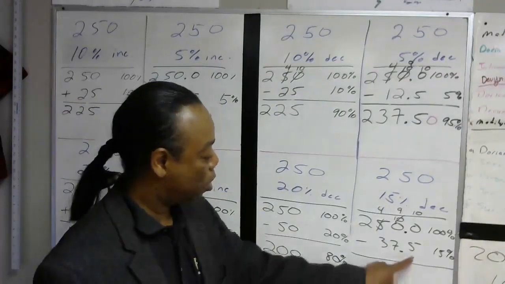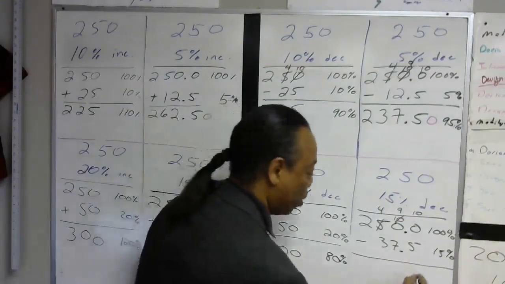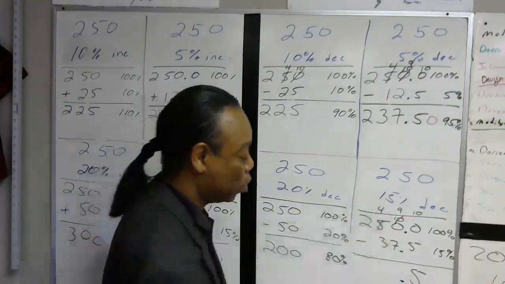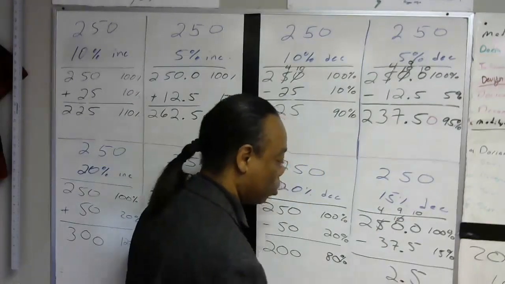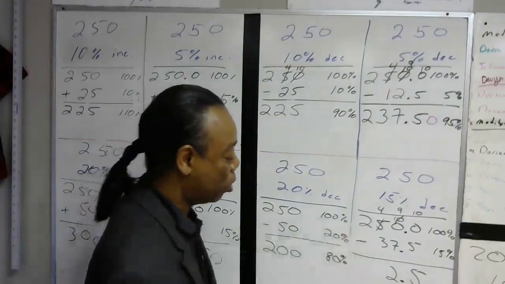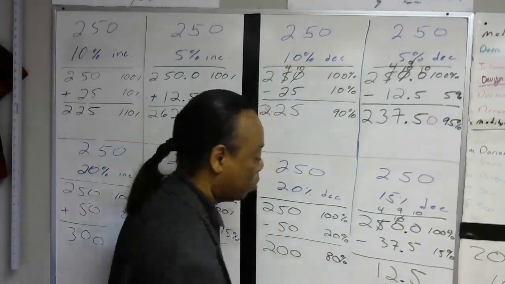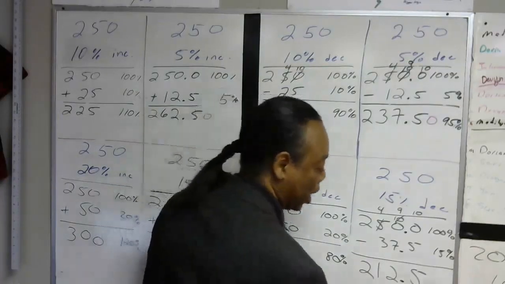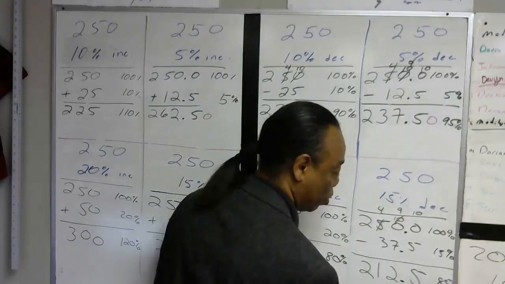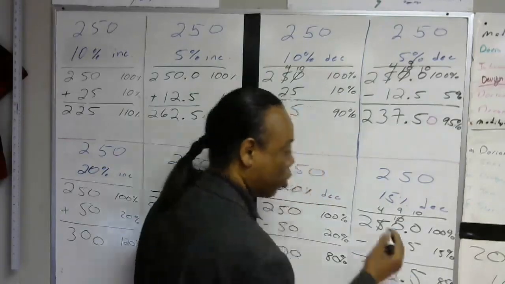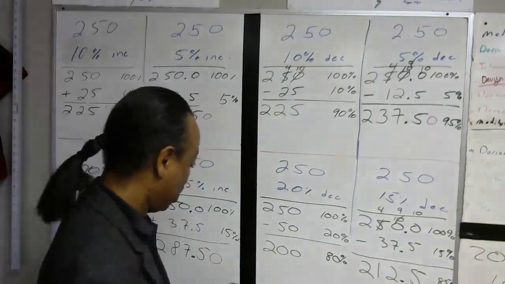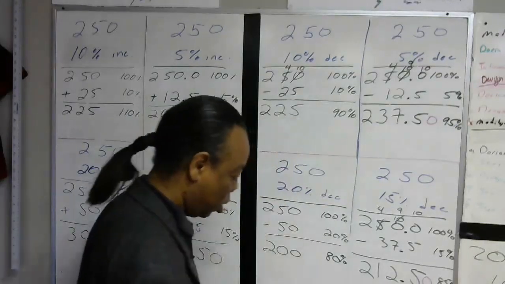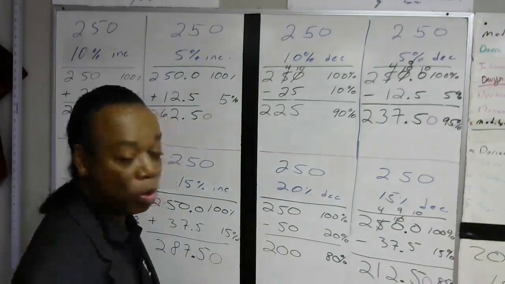Okay, 5 from 10 gives us 5. 7 from 9 gives us 2. 3 from 4 gives us 1. And there's 2. This represents 85% of the original 250. And if I want this in terms of money, I will add a 0 here. Gets me to the hundredths place.